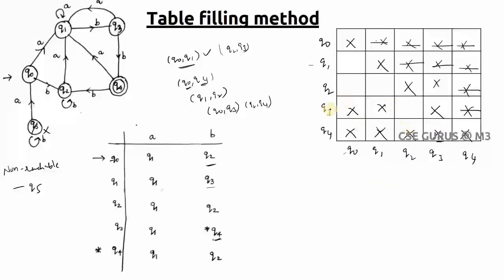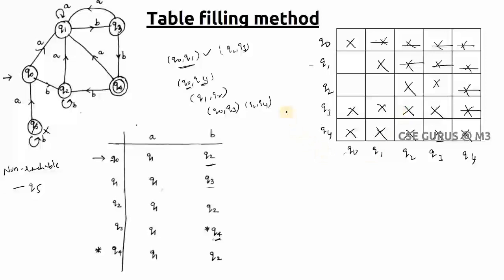Now coming to Q2 Q3. Q2 to A Q1, Q3 to A Q1, that is ignore. Q2 to B, Q3 to B, Q2 Q4. Where is Q2 Q4? You can see here. Is it marked? Yes. So that's why this also to be marked. So for the source pair whatever you are taking, we are checking whether to mark or not.